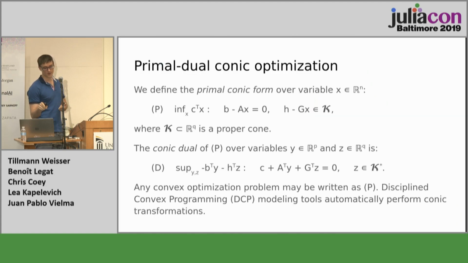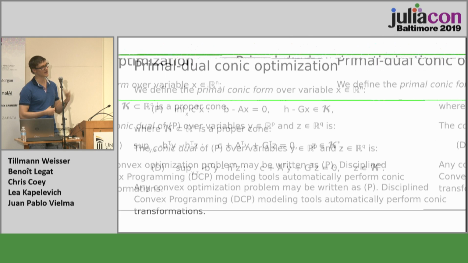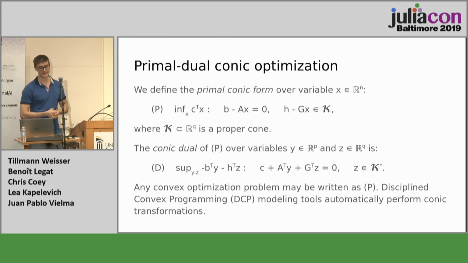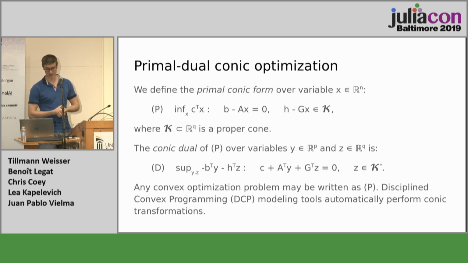So, we're going to define a primal conic form here. We're going to call it P. We're minimizing some linear function of the variables x, subject to an equality constraint, b minus Ax equals 0. A is just a linear map. And this conic constraint, h minus Gx, where G is a linear map, is in the cone K. The conic dual can be written as such, and it has a similar looking form.